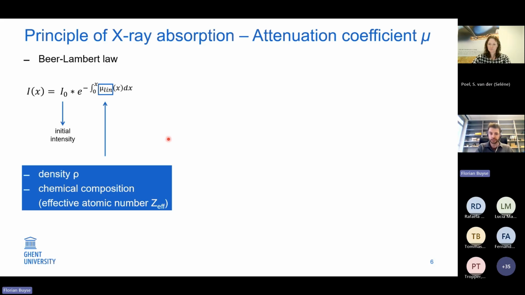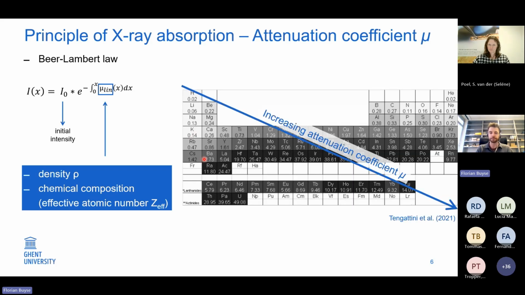What we're looking at in the image is the attenuation coefficient, which is dependent on the density of the material, but also the chemical composition. Between brackets, you can see the effective atomic number, so the average of the material we're investigating.